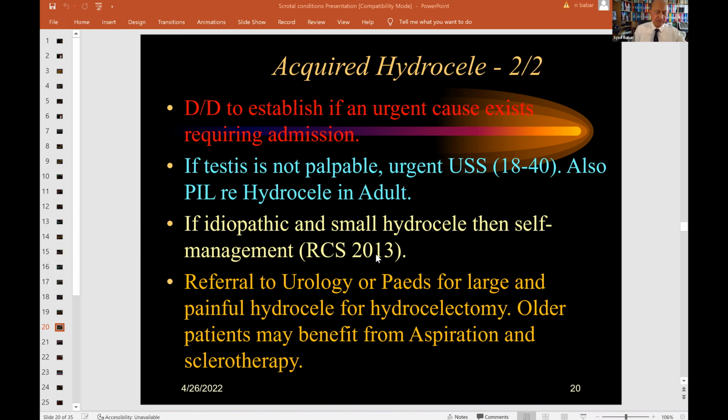Acquired hydrocele. The differential diagnosis would be to establish if an urgent cause exists requiring admission, such as torsion, irreducibility of hernia, or sepsis.